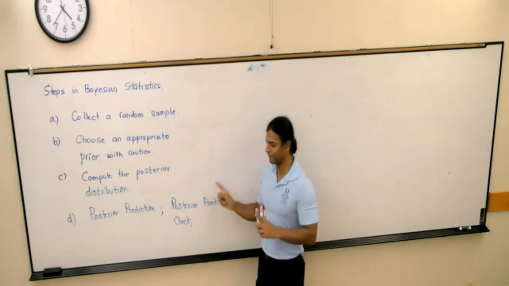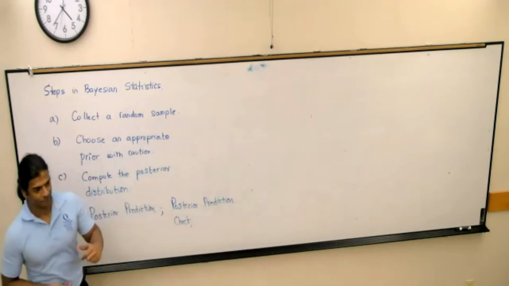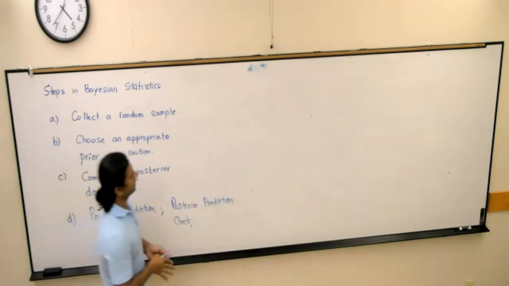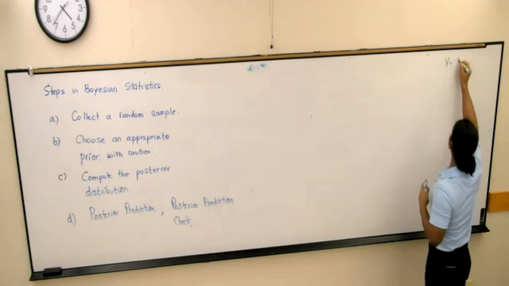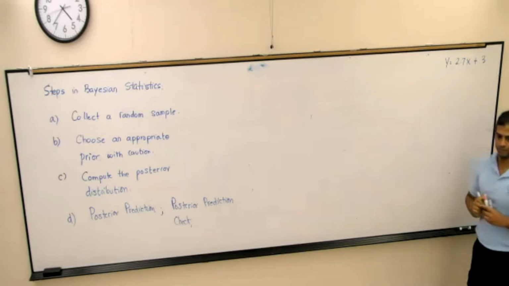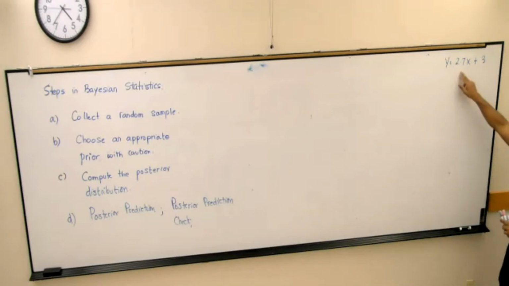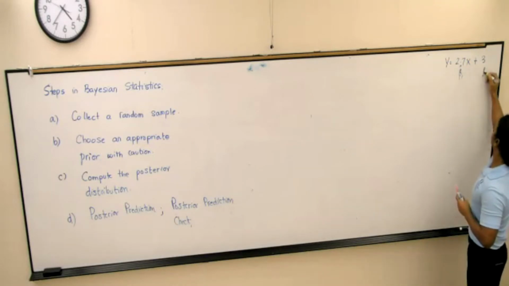Posterior prediction check is very similar to what we did with linear models, linear regression. Once you do, for instance, y equals 2.7x plus 3, using data you estimated beta 1 hat, beta naught hat.